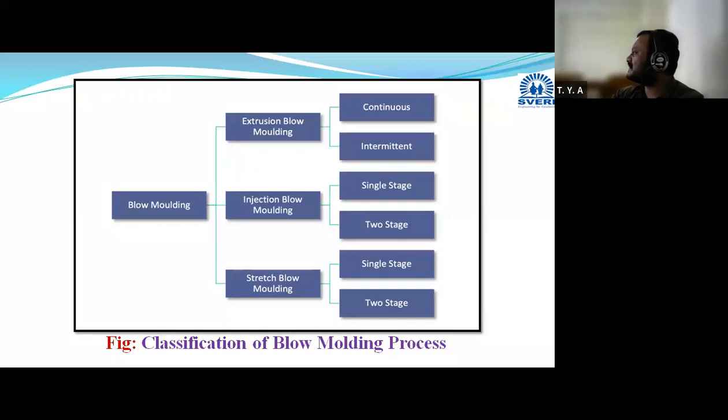We are changing the setup according to the product requirement. That changeover time is very less in injection blow molding as compared to extrusion blow molding, which will take more changeover time. So these are some process-wise advantages and disadvantages.